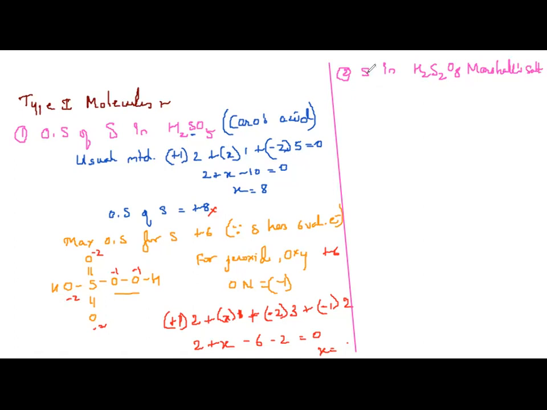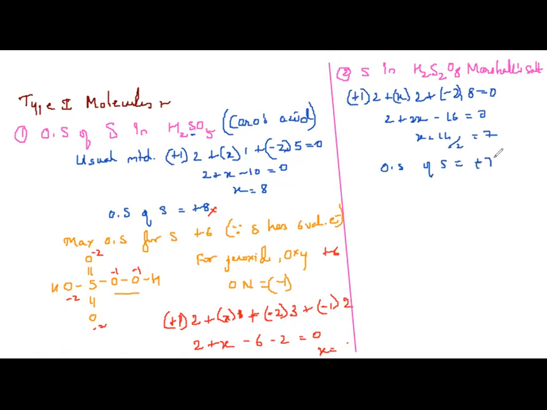Find the oxidation number by the usual method. It is +1 into 2, plus X into 2, plus -2 into 8 is equal to 0. So 2 plus 2x minus 16 is equal to 0. -16 plus 2 becomes -14, so 2x is 14 and x is equal to 7. So the oxidation state of sulfur by the usual method is +7.